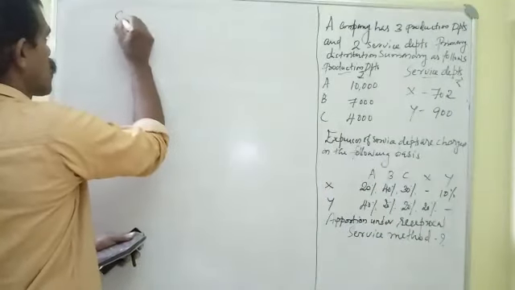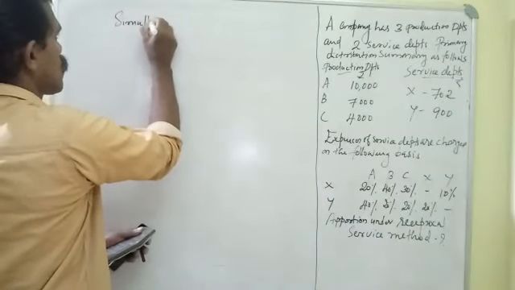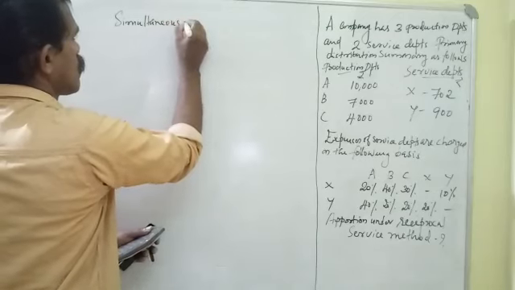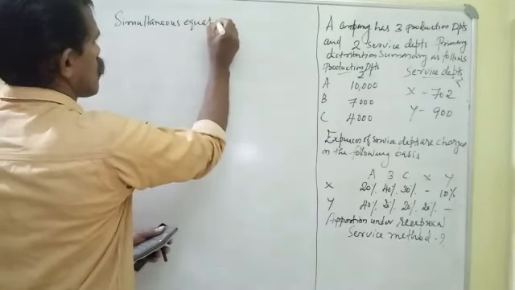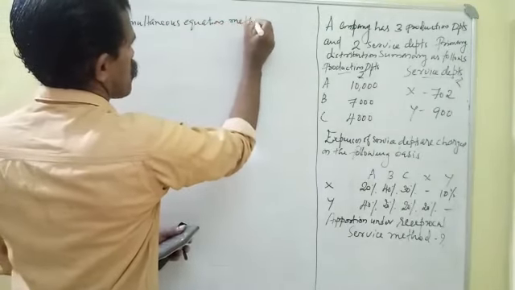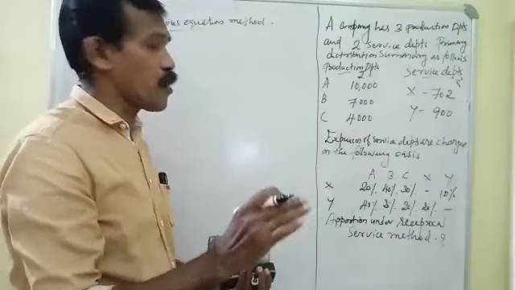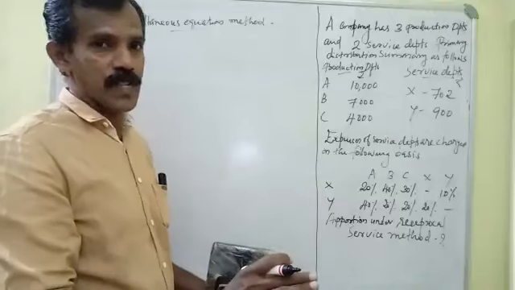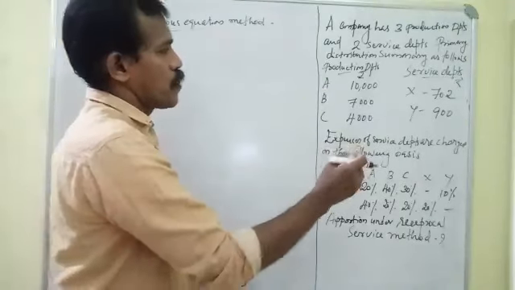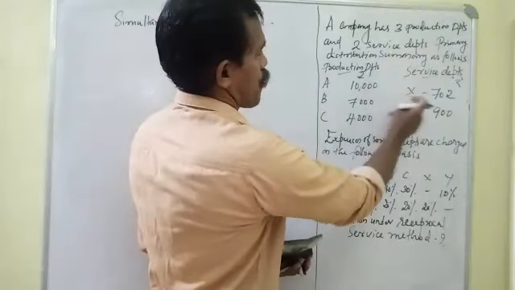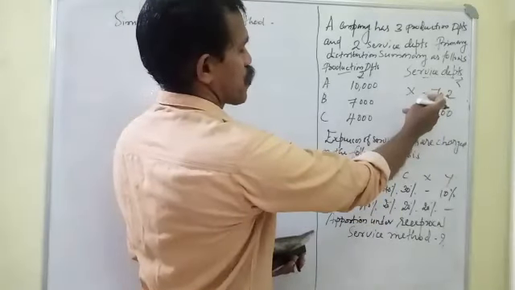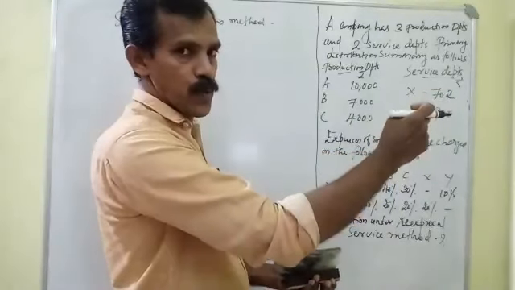Simultaneous equation method. In the simultaneous equation method, we have to form equations. We know the overhead of X as per primary distribution summary is 702.